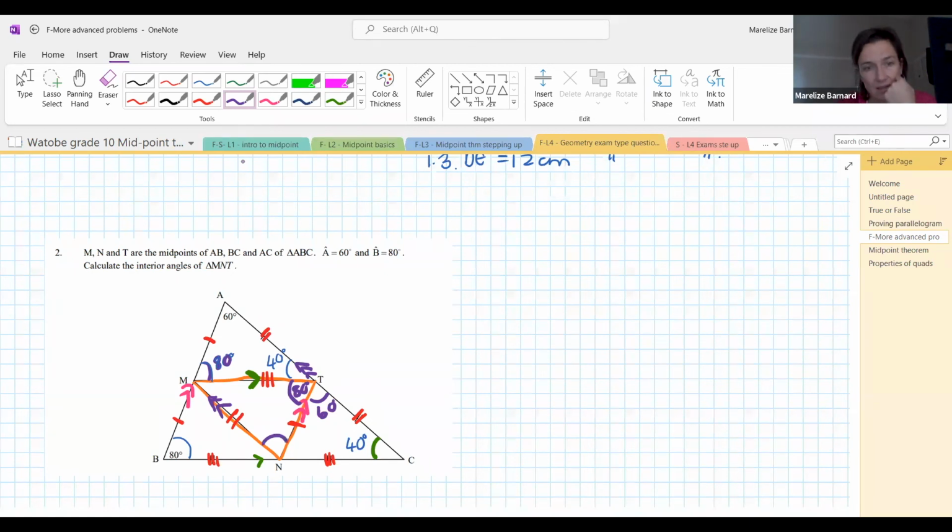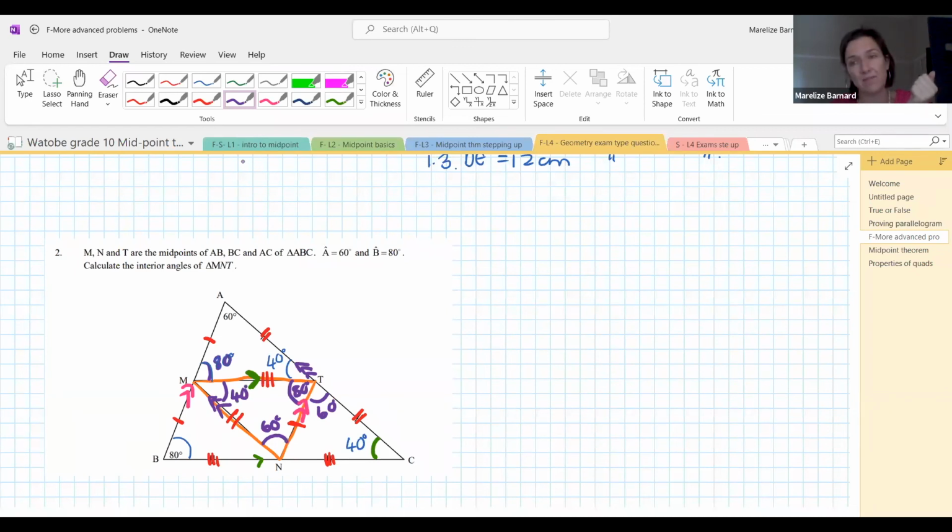Yep, this is 60 because of alternate. Again, AC is parallel to MN. And let's see what else. We just need one more. Oh, we can then do this last one using interior angles of a triangle. So 80 plus 60 is 140. So that will be 40.